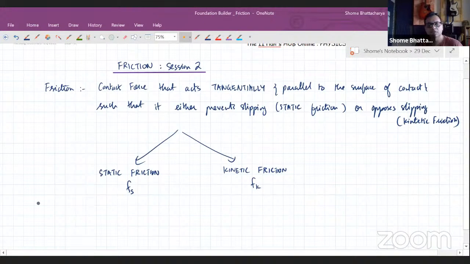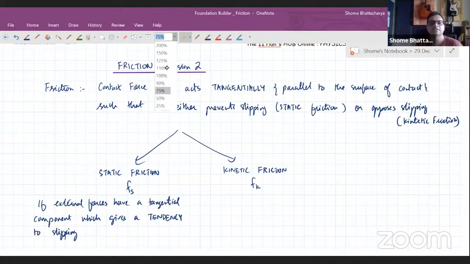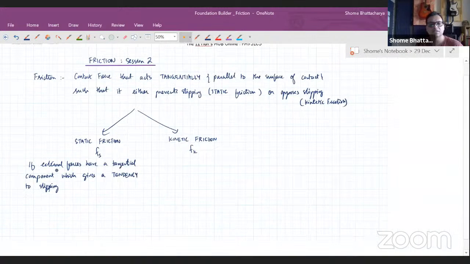It acts in a situation where external forces have a tangential component, which produces a tendency to slip. However, the slipping is not occurring because the friction is able to balance this tangential force. So there's a tendency of slipping.